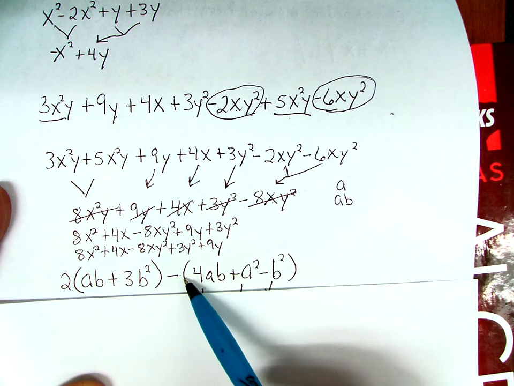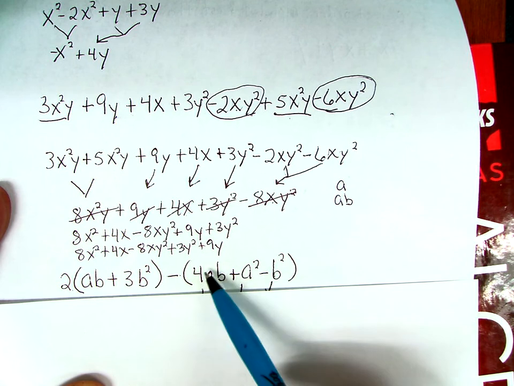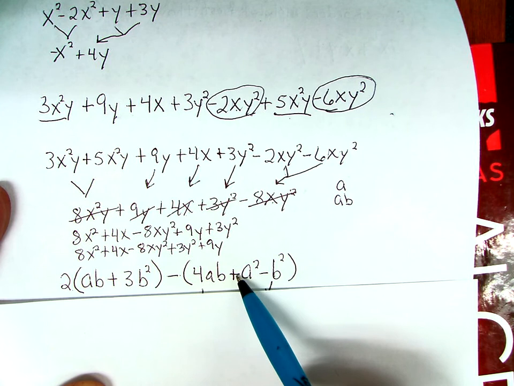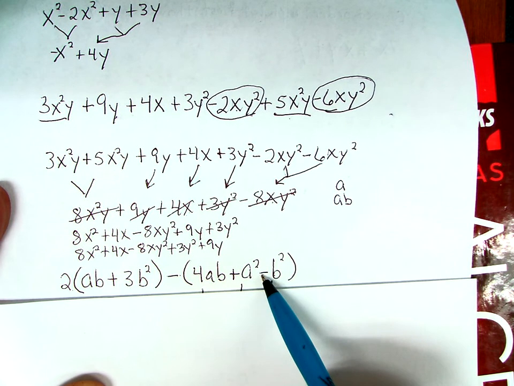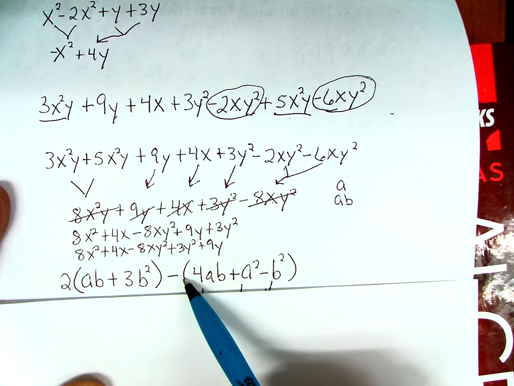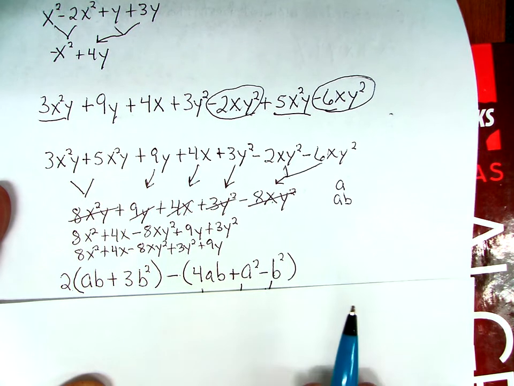Here, everything on the inside is going to change its sign. The positive 4ab will become minus 4ab. The plus a squared will be minus a squared. The minus b squared will be plus b squared. It would be the same as multiplying everything on the inside by -1.